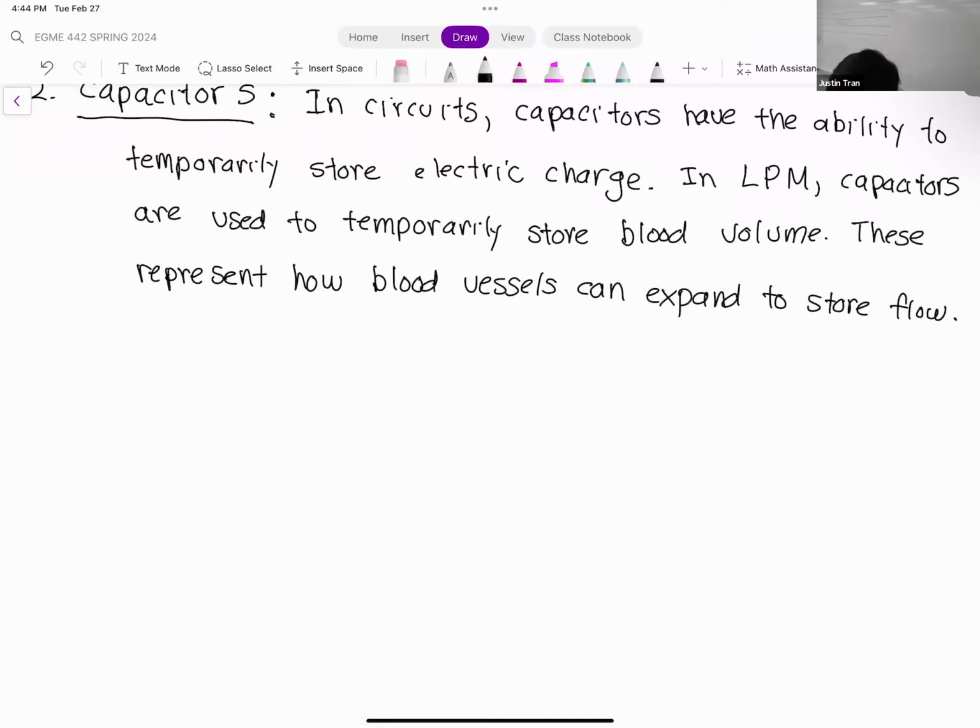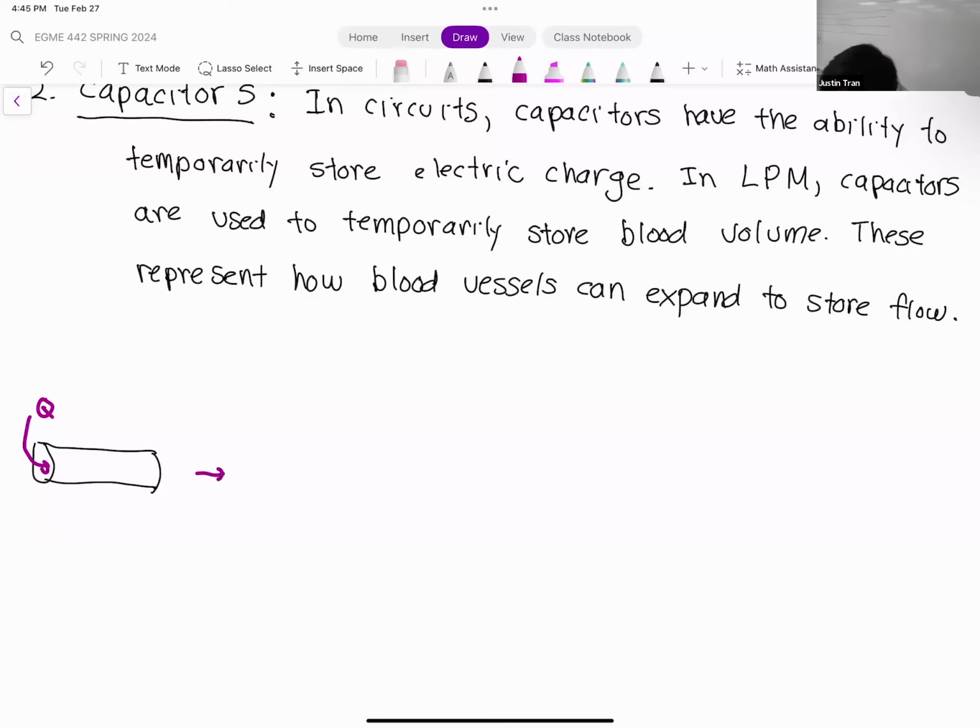So let's visualize this. Let's say we have a small blood vessel like this, and blood flow comes in. We'll represent the blood flow as Q. Let's say there's a large influx of blood flow coming in, because the heart just contracted and it's outputting all this blood.